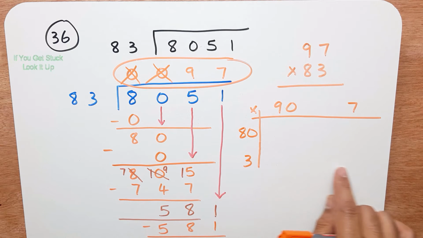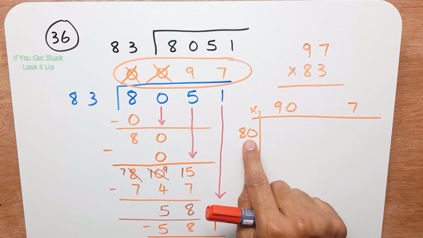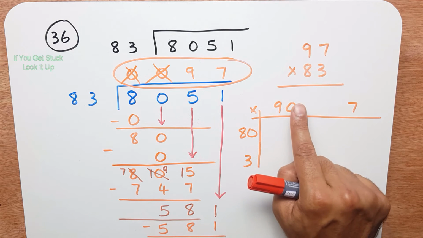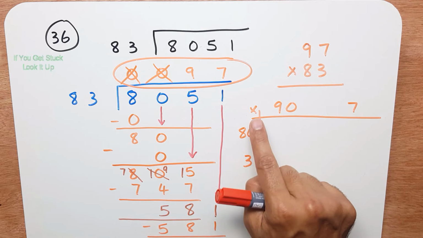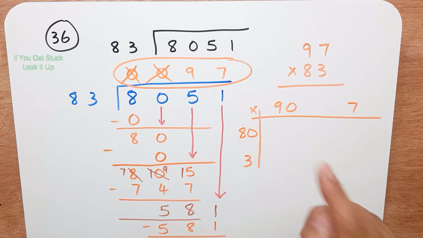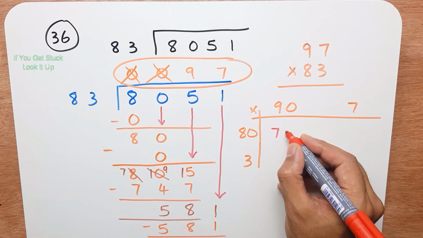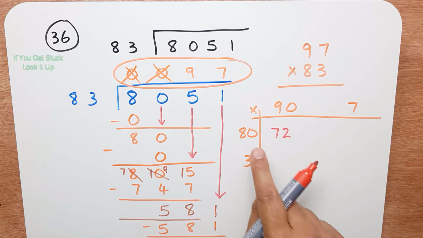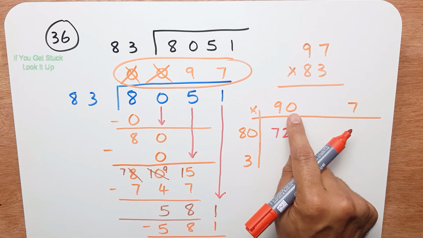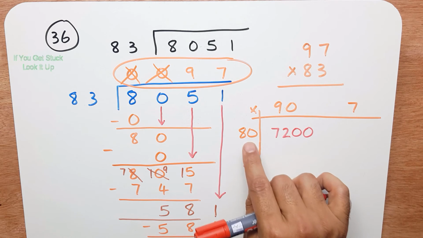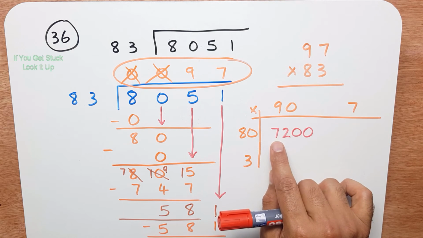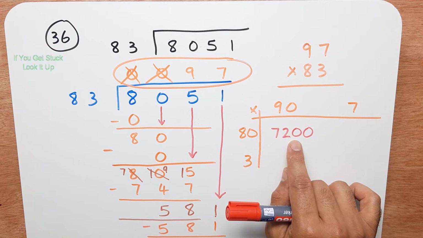Now this is my calculation. So 80 times 90, I'm going to hide this 0 and this 0. So 8 times 9 is 72. So I'm going to now add these two zeros, 1, 2. So 80 times 90 is 7,200.